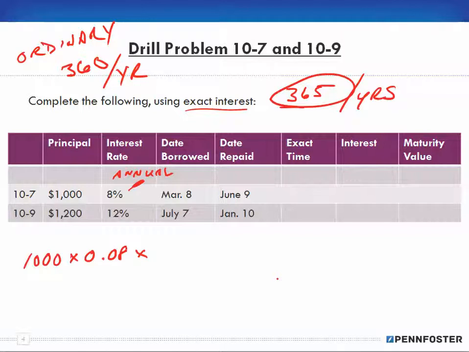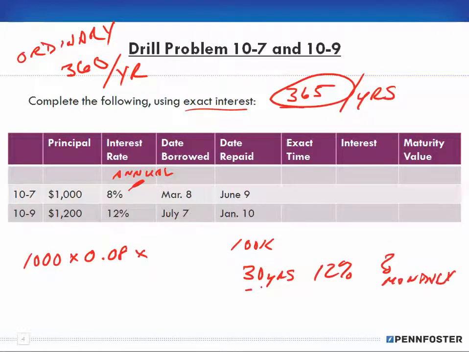When we get into the time value of money, or even compounding in future chapters, let me give an example of what I'm talking about. Let's say you borrow $100,000 for 30 years at 12% a year, but you don't know how much the monthly payment is. Well, this is yearly, but this is monthly. You can't calculate the problem. I mean, you could, but it's a lot more complicated than it needs to be.